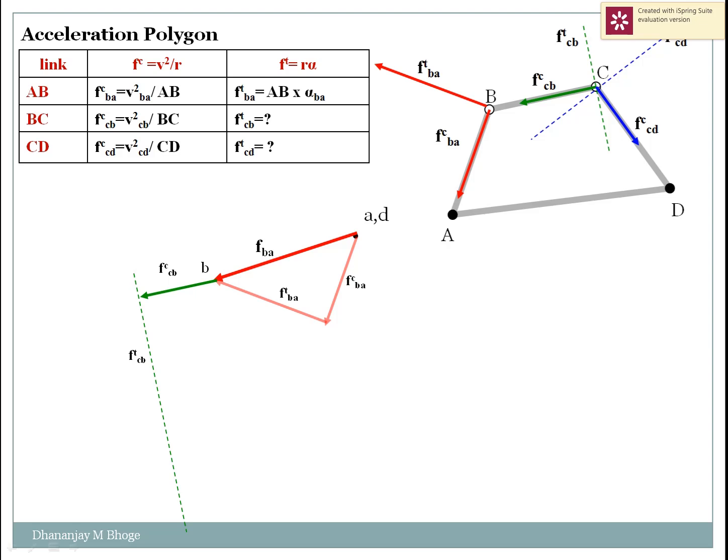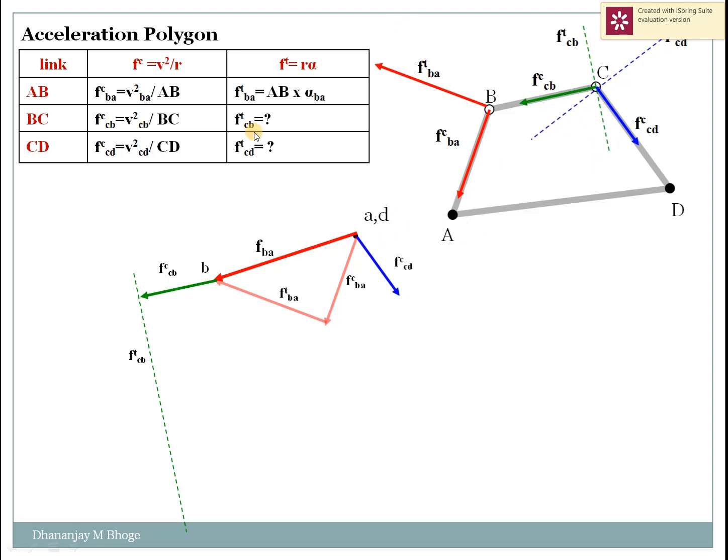Now moving towards the next link CD, we'll plot the centripetal acceleration of C relative to D, whose magnitude is equal to V square upon CD. So we know the length of vector FCCD and its direction is like this. So we'll pick up this vector and place it in the vector polygon. So read the vector FCCD. Which point is known? Point D is known, and point D is the start point of this vector. We'll pick up this vector and place its tail at point D. So this is FCCD.